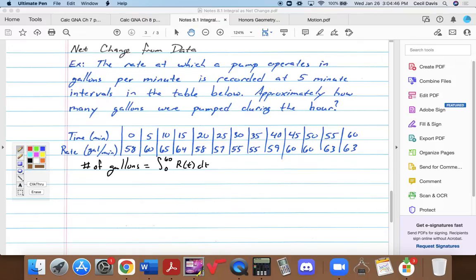So with the data that we have and the techniques that you know, what would be the most accurate way to estimate this?